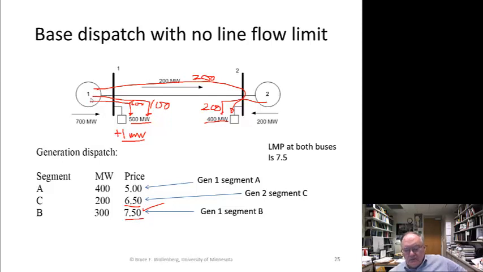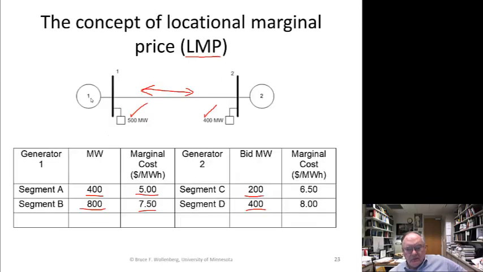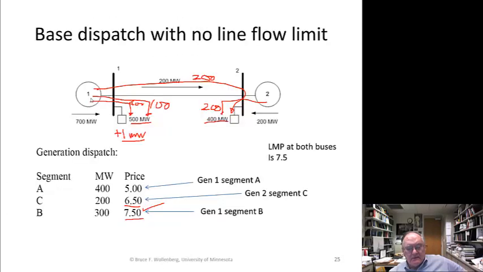I can go up to, let's go back here again, I can go up to 800, and I'm only using 100 out of there. So I can buy the next megawatt from this generator and supply it into the load right there. And so we say that the cost of the next megawatt is 7.50.